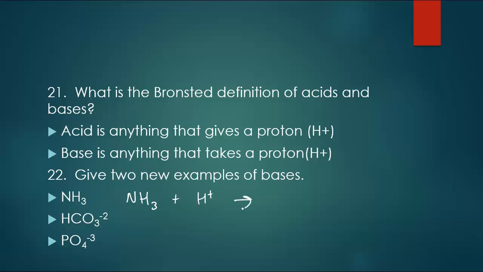So when it catches the frisbee, what does it become? Well, it doesn't affect the N. How many H's do you have now? 4, and you had a charge of 0, and then you added a plus, so what is your new charge now? HCO3, this should be -1.